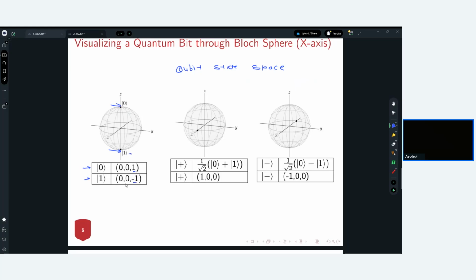So this is the x, y, z coordinate for qubit 1 and qubit 0. This is one way to represent the qubit geometrically through a sphere.